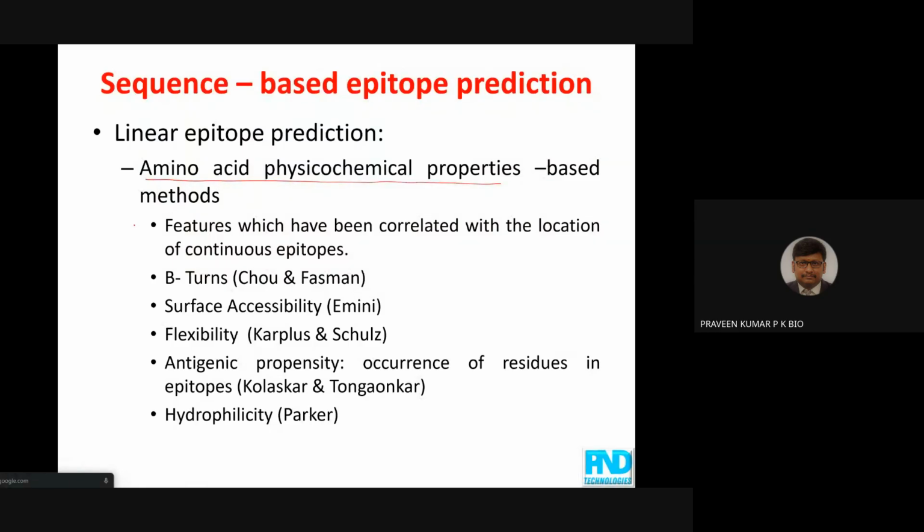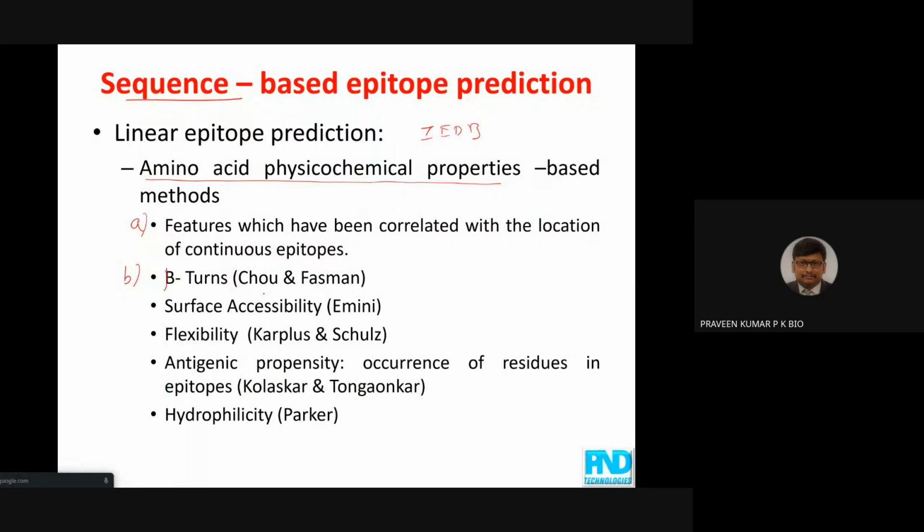First let me go ahead with the types of methods in linear epitope prediction, specifically in IEDB. Whatever I am telling, linear epitope is based on sequence-based epitope prediction. Number one is features which have been correlated with the location of continuous epitopes. Number two is the beta turns.